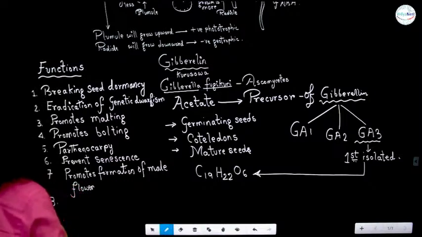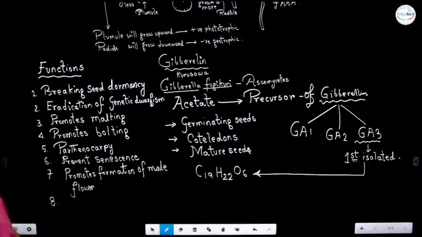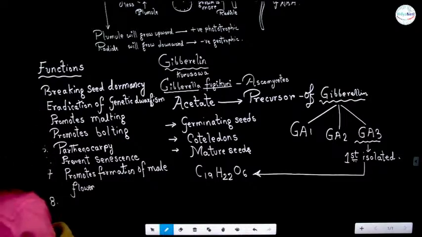So the functions are breaking of the seed dormancy, eradication of the genetic dwarfism, promotes malting, promotes bolting, parthenocarpy, prevents senescence, promotes formation of male flower.